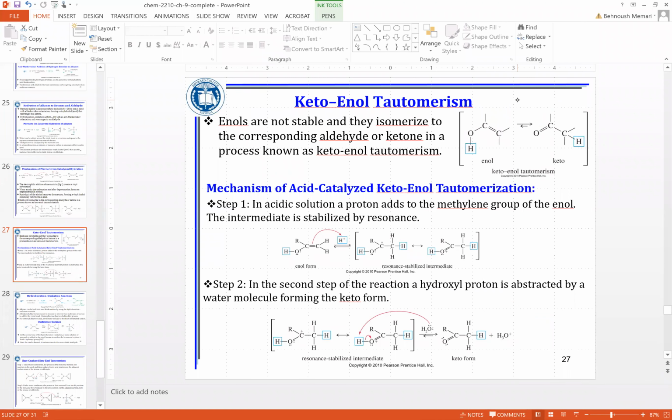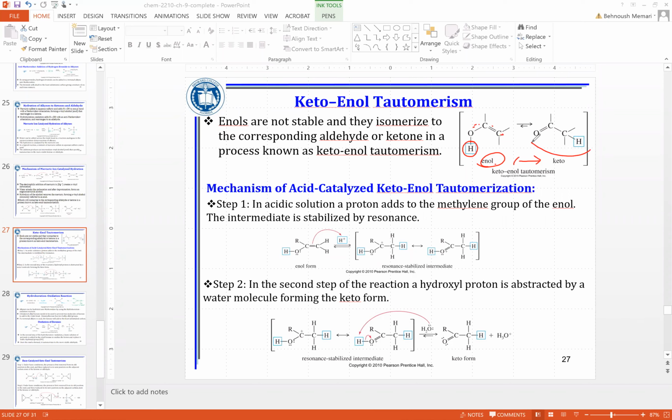So these two are keto-enol tautomerization. In tautomerization, you have your hydrogen moving from the OH to the adjacent carbon, and the pi bond would carry over and you get the CO double bond. So it's known as the enol-keto tautomerization.